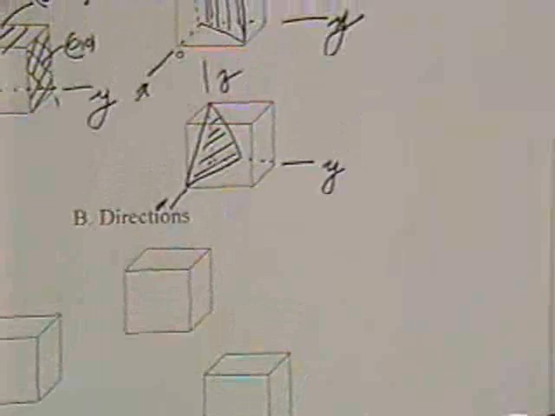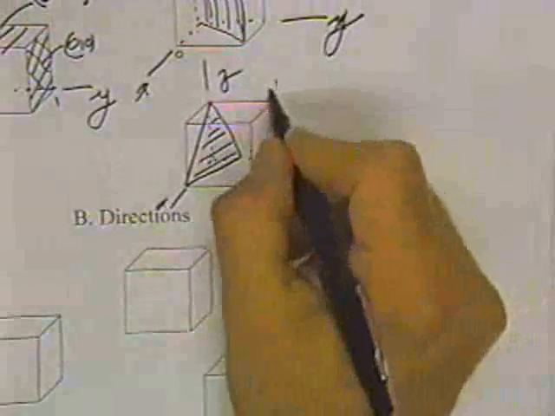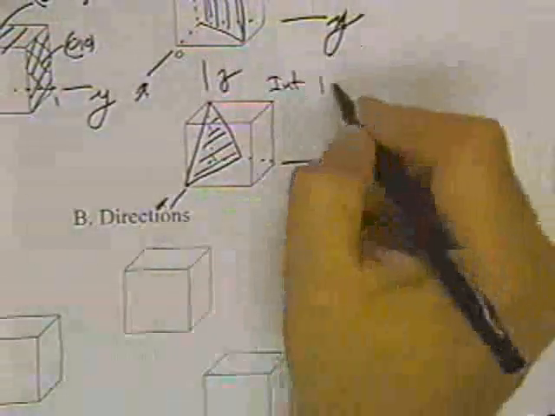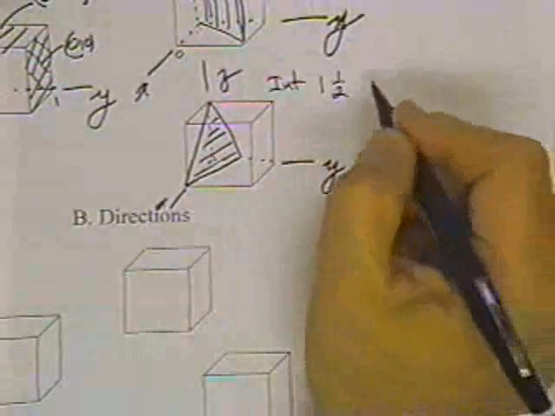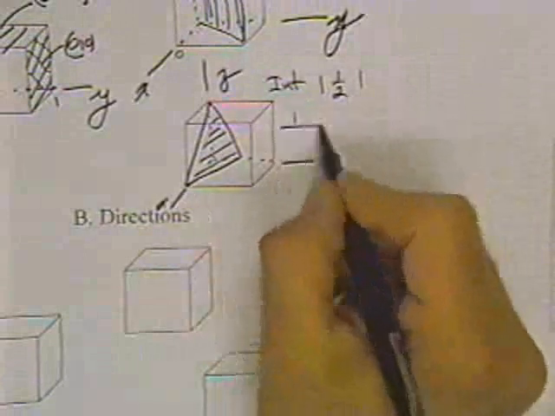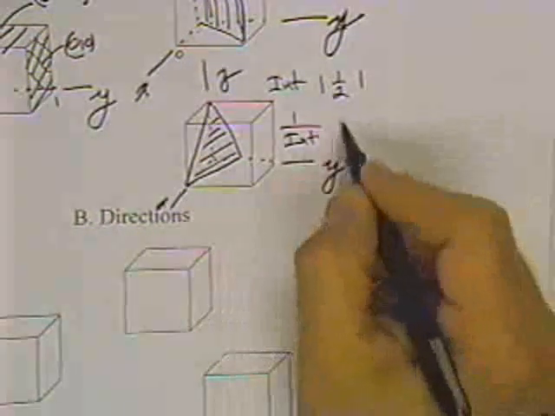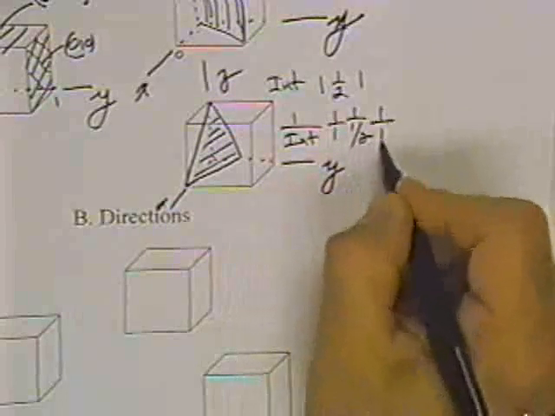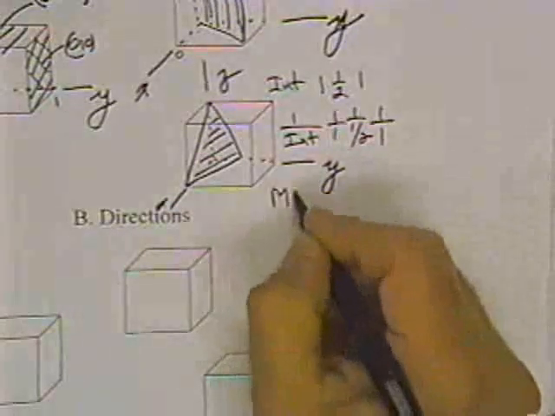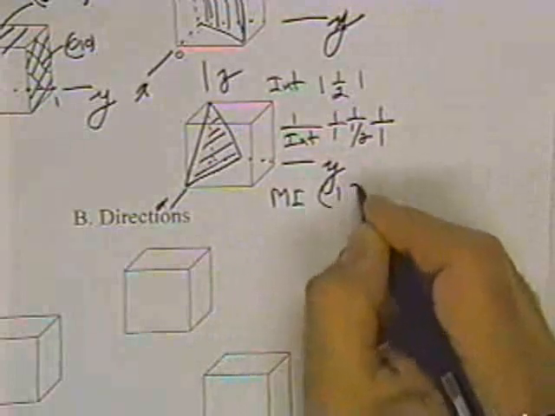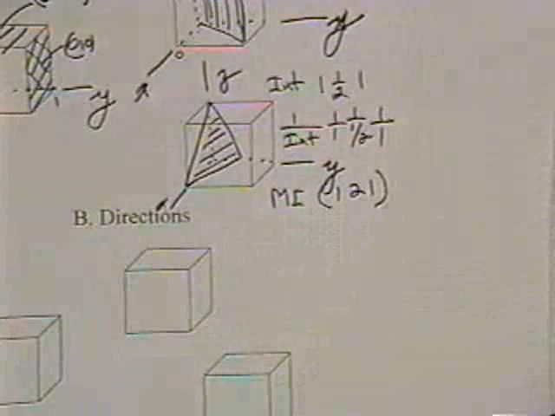Now the intercepts for that plane are going to be what? Well, it's going to be 1 in the X, half in the Y, and then 1 in the Z. So we're going to take 1 over the intercepts, so that's going to be 1 over 1, 1 over half, 1 over 1, and so the Miller indices for that plane would be (1 2 1).